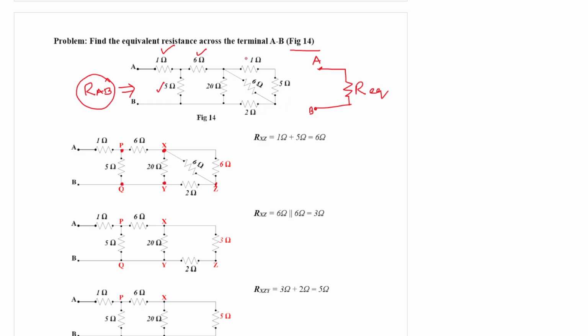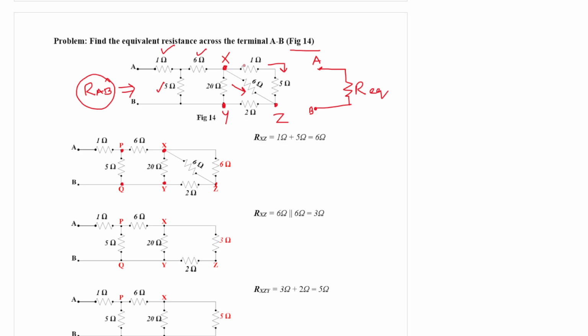That is the rule. Now if this is X, this is Y, and this is Z, just consider these two paths. One is along this 1 ohm and 5 ohm, and another one is the 6 ohm.